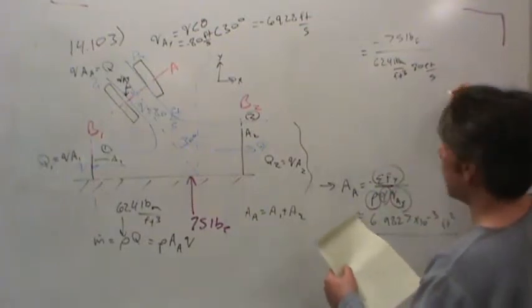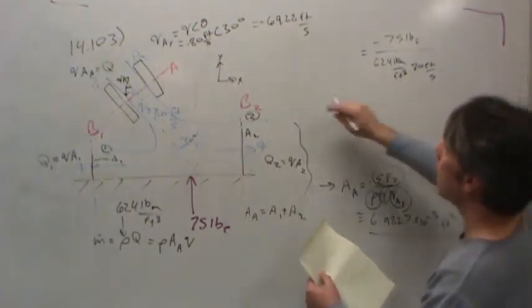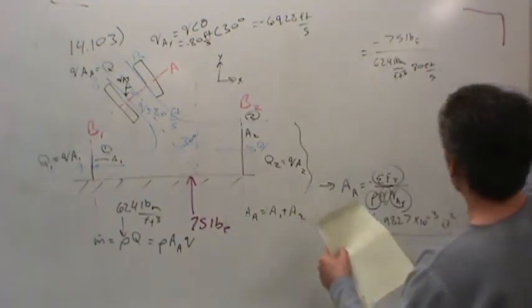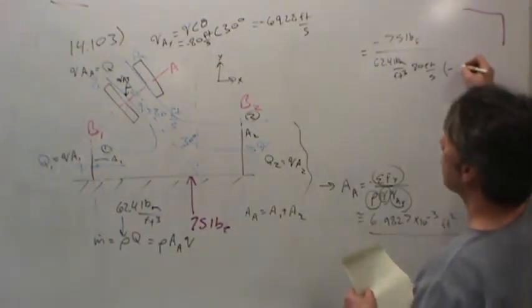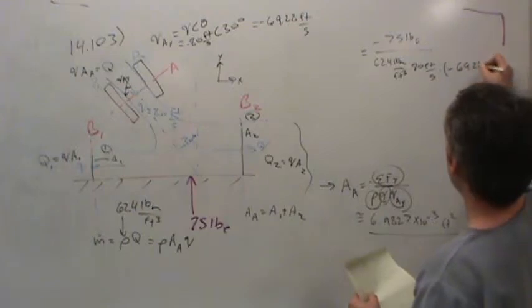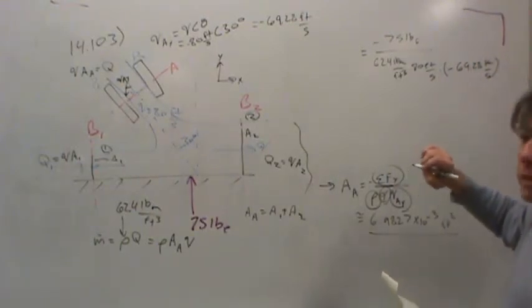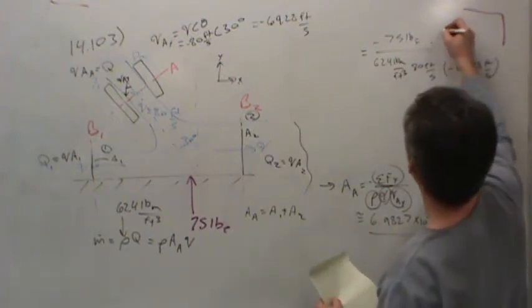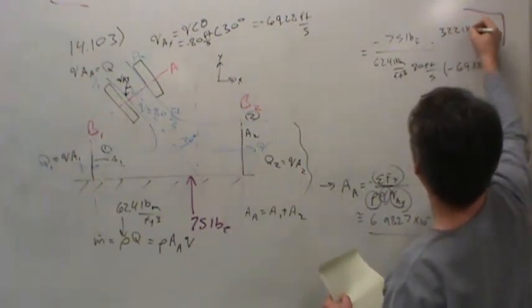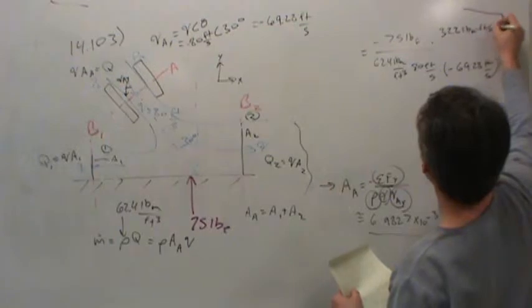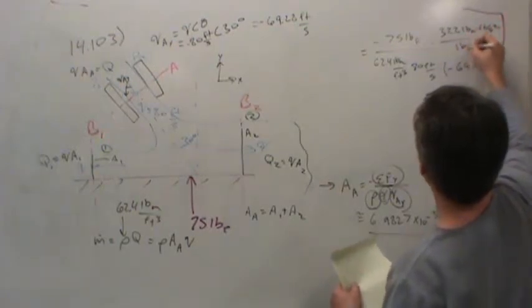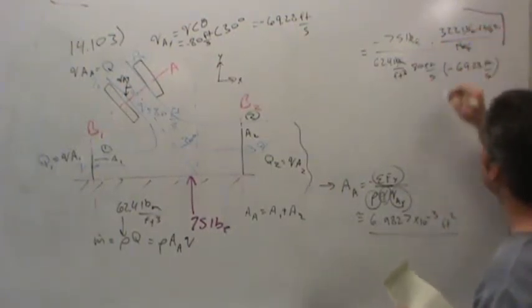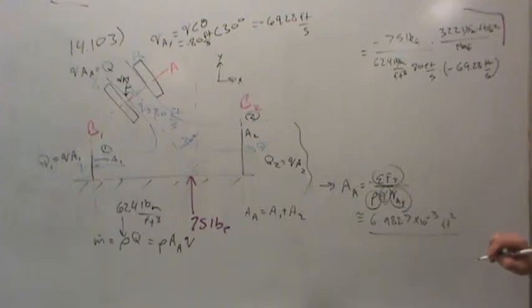And then the velocity at A in the y direction is negative 69.28 feet per second. Did you remember G sub C? There should be 32.2 pound mass feet per second squared per each pound force, otherwise it won't come out. The units wouldn't come out at all.